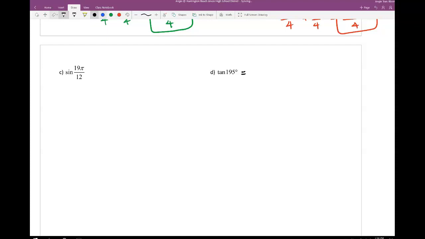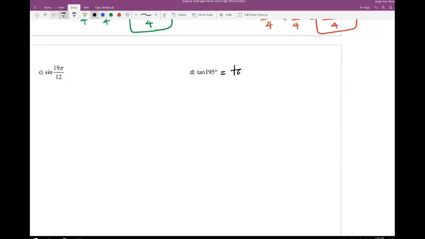Can you tell me what two angles I can use, without a calculator, that can add or subtract to 195? What I normally do is, the thought process is this. I'll start with 30 degrees. And 30 degrees plus what is 195?